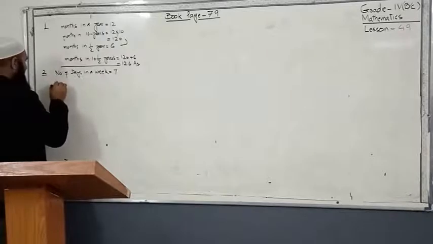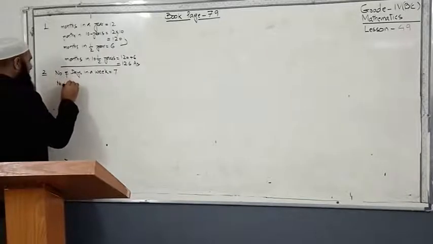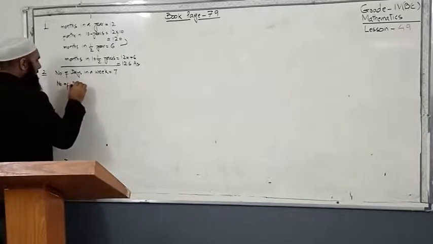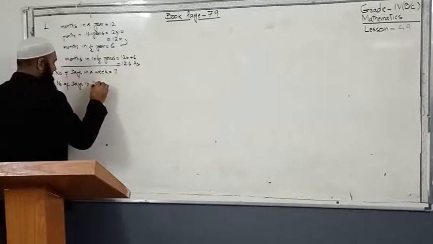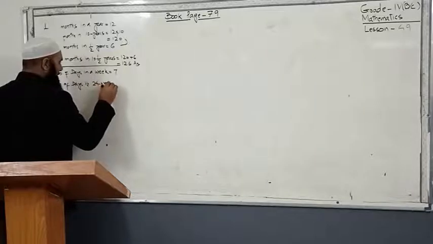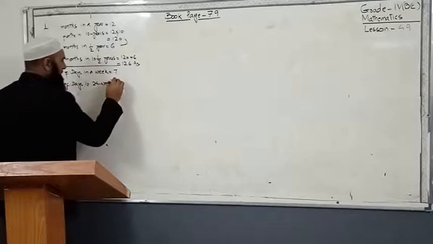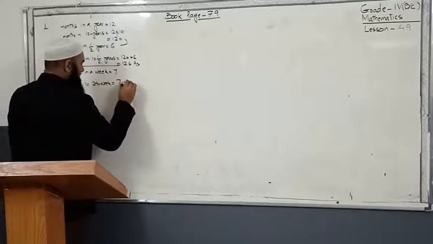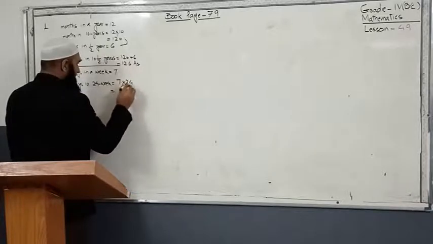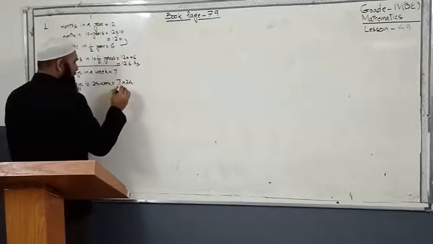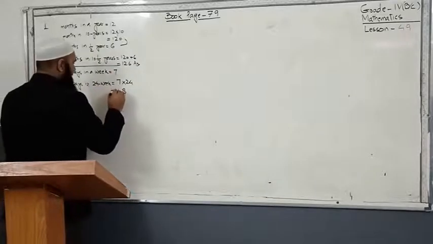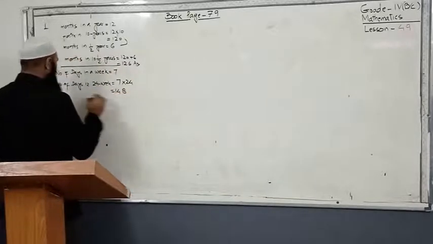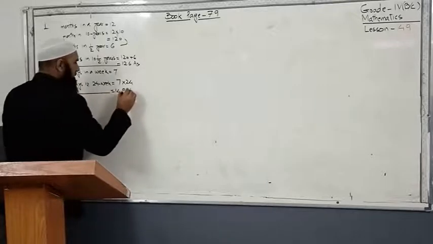So we write number of days in 24 weeks will be equal to number of days in a week, 7, multiplied by 24. 7 fours are 28, carry 2, 7 twos are 14 plus 2 carry, 16. So 168 days is the answer.